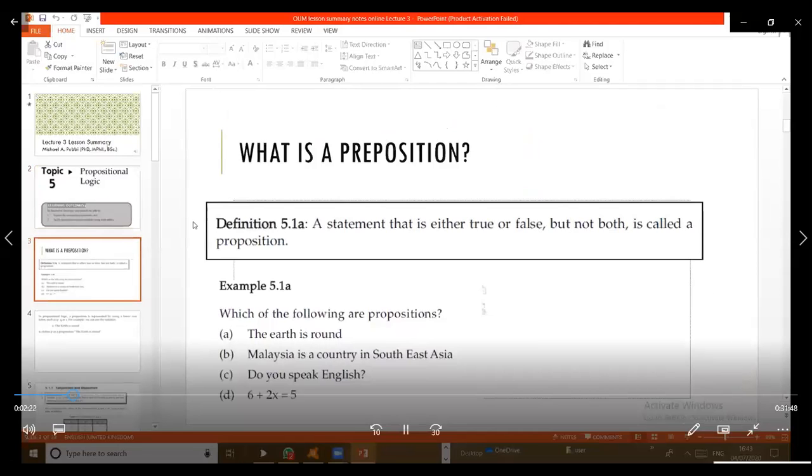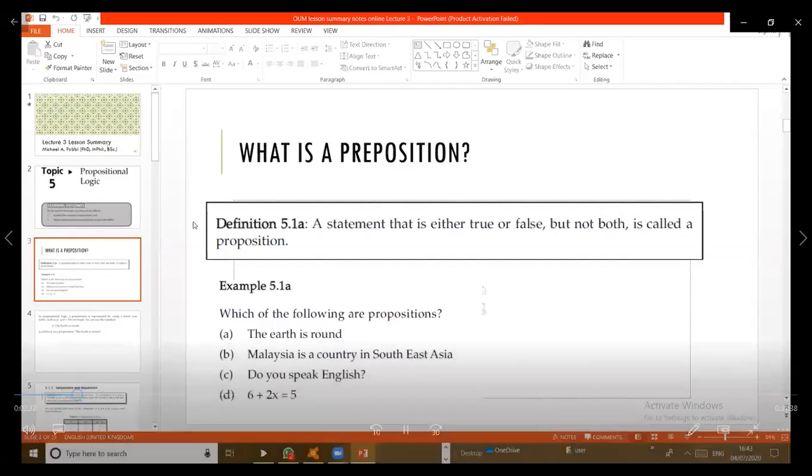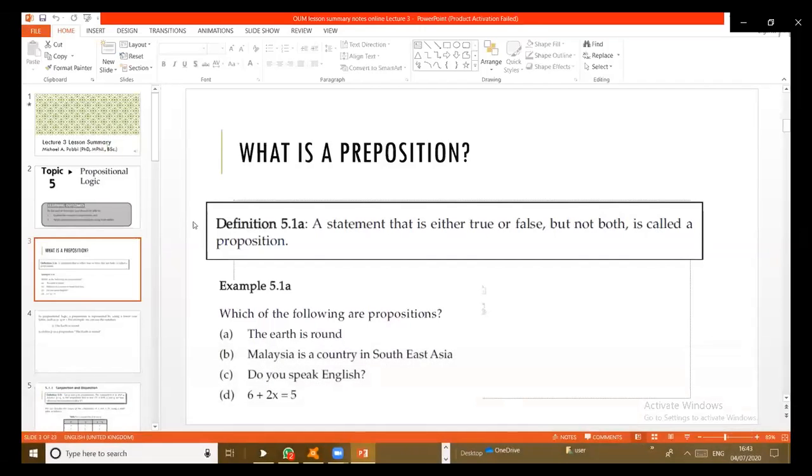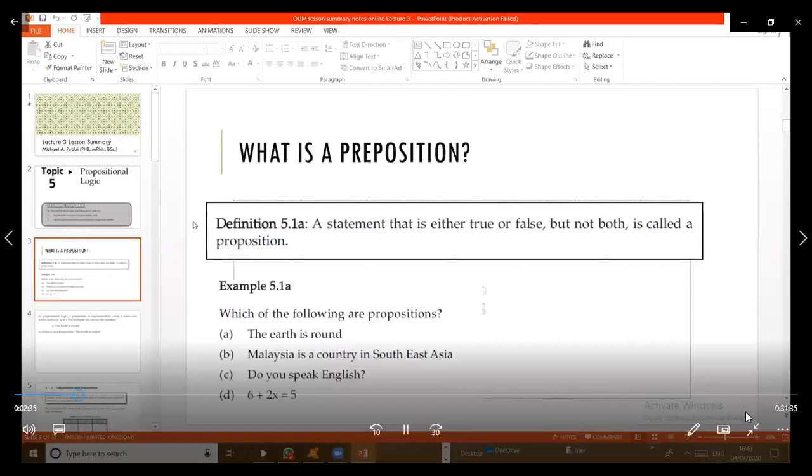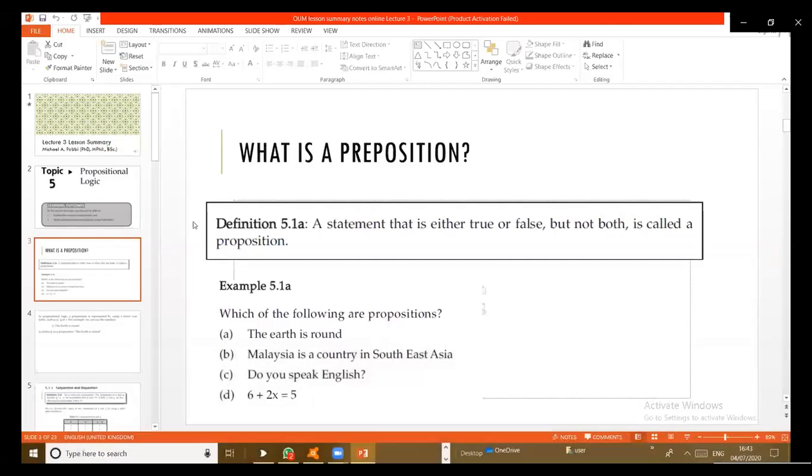A preposition is a statement which can be true or false, but it cannot be both at the same time. For example, when I make the statement, Messi is a footballer, it can be true or false.